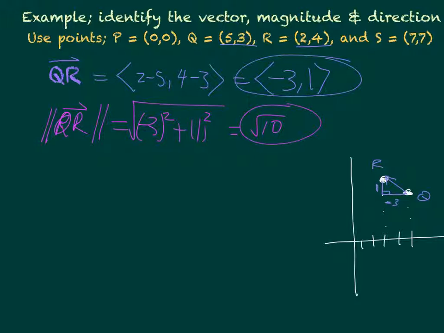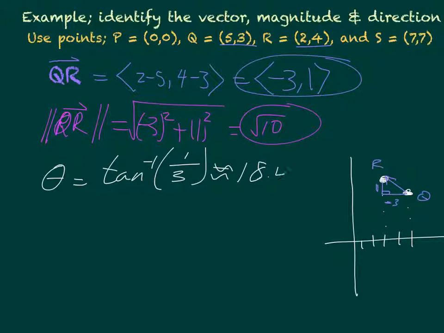So when I'm finding my angle measure, I'm going to have the inverse tangent of opposite 1 over adjacent 3. And I'm just going to go ahead and put it as a positive 3 because it doesn't really make a lot of sense in this case to have a negative. So that's going to be approximately equal to 18.43 degrees. And that's your final answer.